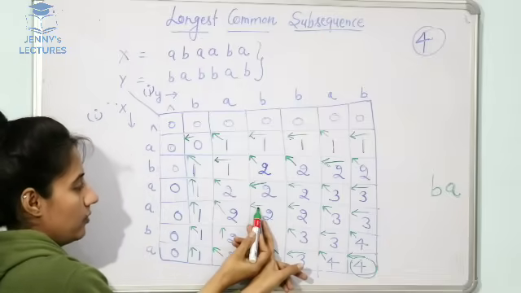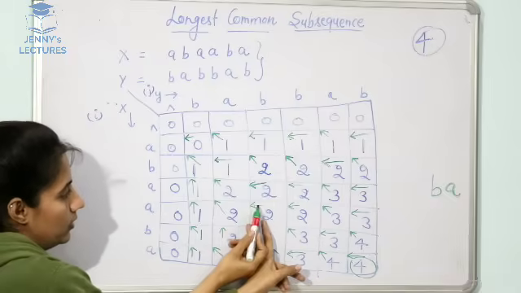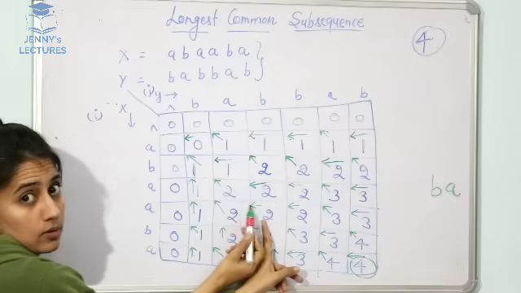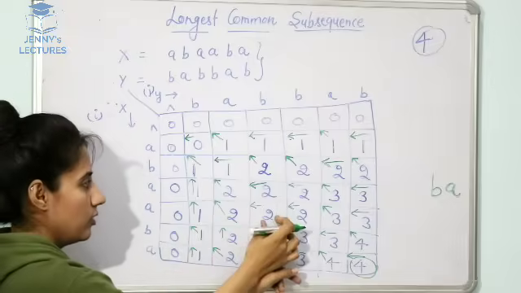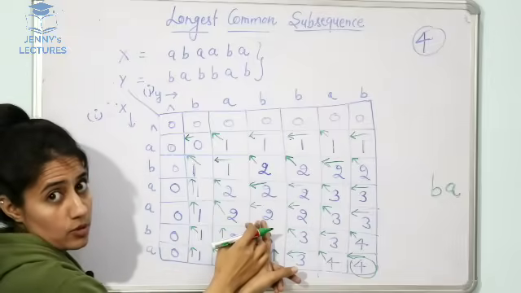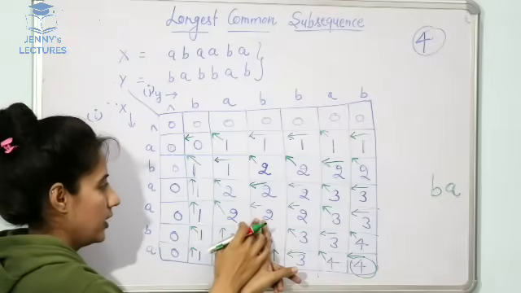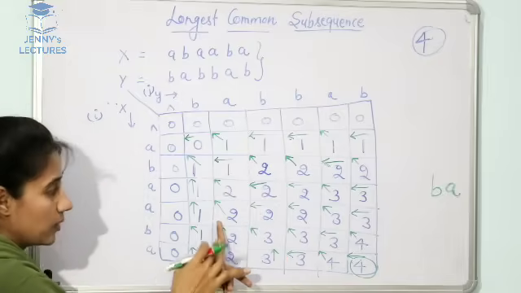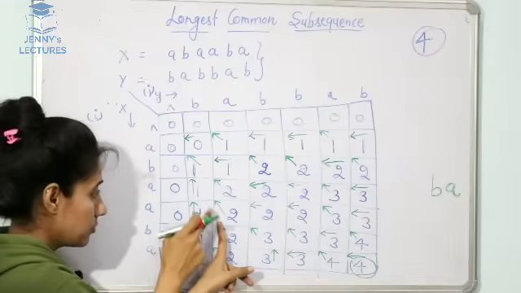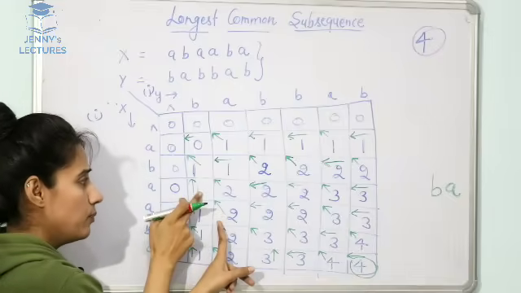Now here the arrow goes to the left side. In case the arrow is going toward this side or toward the upward side, then we will not write down any character. So we will go here. Now the arrow goes upward.